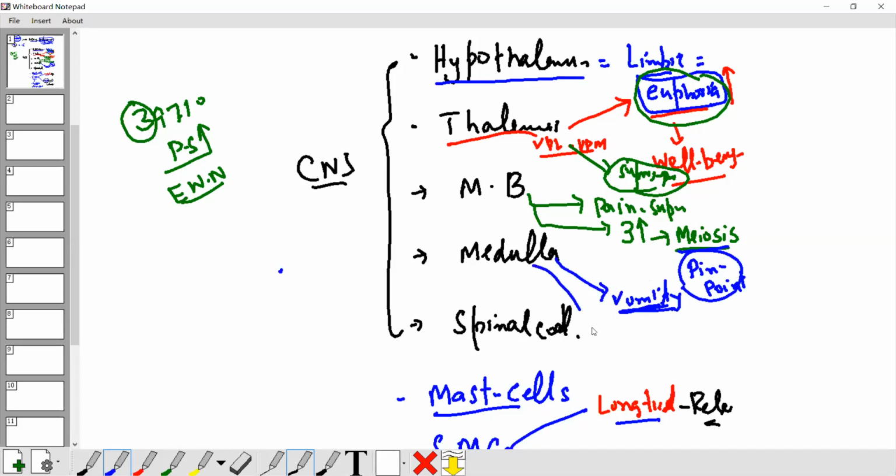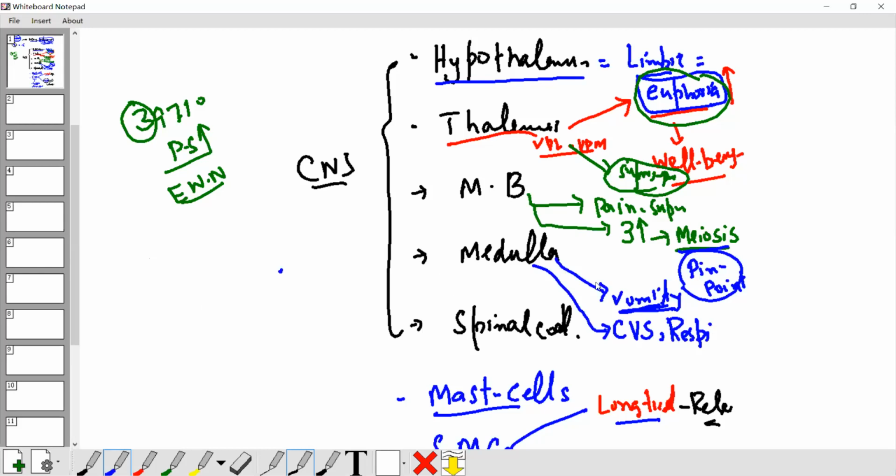In medulla, another problem. If you remember the physiology, in medulla we have the center for the heart, the CVS system. In medulla we have the center for respiration. The respiratory center and cardiac center are present in medulla.